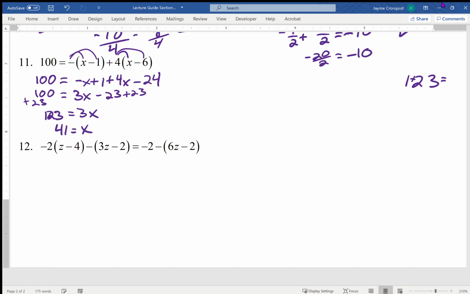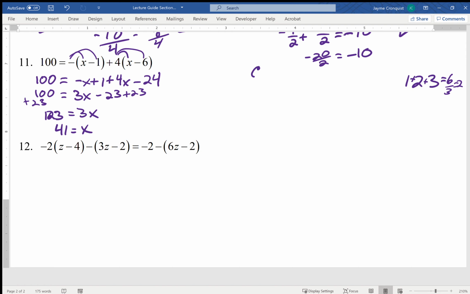So I had 123, 1 plus 2 is 3, plus 3 is 6, which is divisible by 3. It's a multiple of 3. So that means 123 is also a multiple of 3. This works every time. It's a way to just see, oh, is that divisible by 3? Yes. All right. So x is 41.